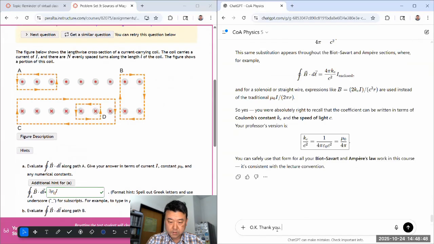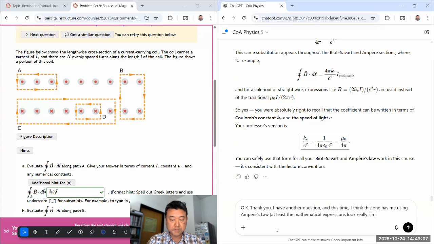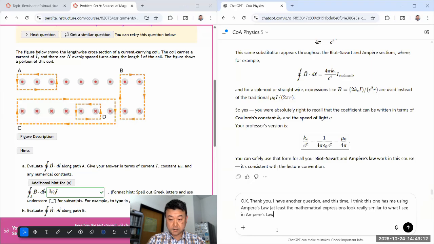Okay. Thank you. I have another question, and this time I think this one has me using Ampere's law, unless the mathematical expressions look really similar to what I see in Ampere's law. I got only half the questions correctly.